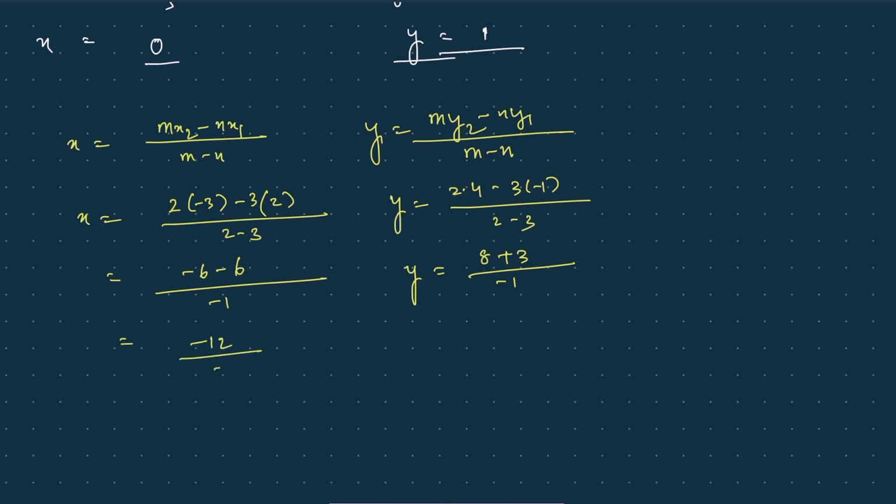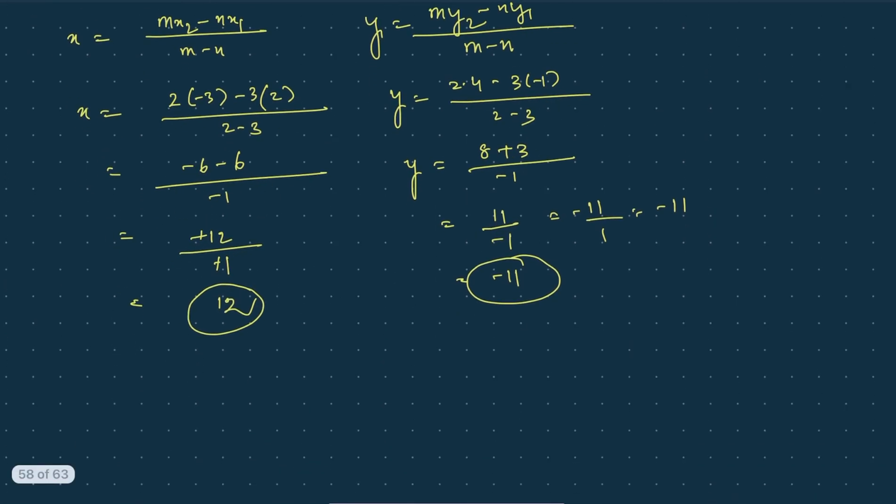Minus 12 divided by minus 1 is 12 because the minus signs cancel out each other. And 11 divided by minus 1 is minus 11. That's it: 12 and minus 11. So if the point divides externally in the 2:3 ratio, then the point L is equal to (12, minus 11). Okay, this is the answer.